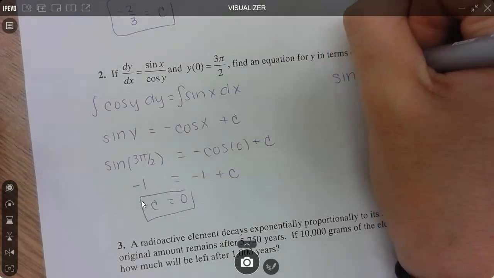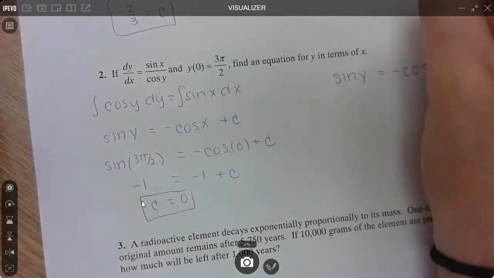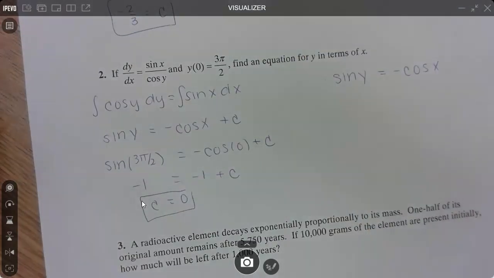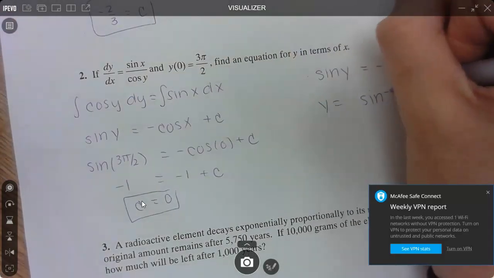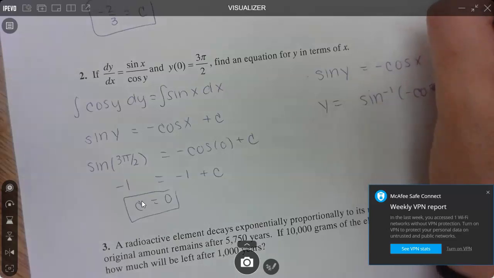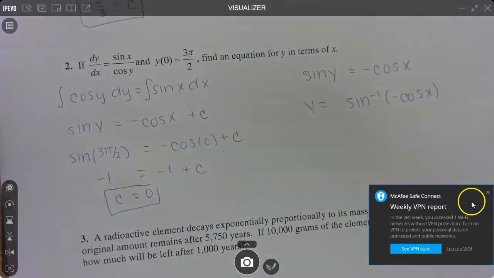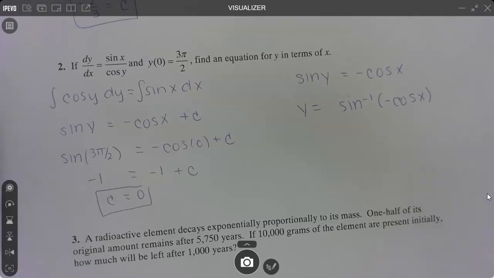So then you have sine y equals negative cosine x. To get rid of sine, you take sine inverse. So we get y equals the inverse sine of negative cosine x.